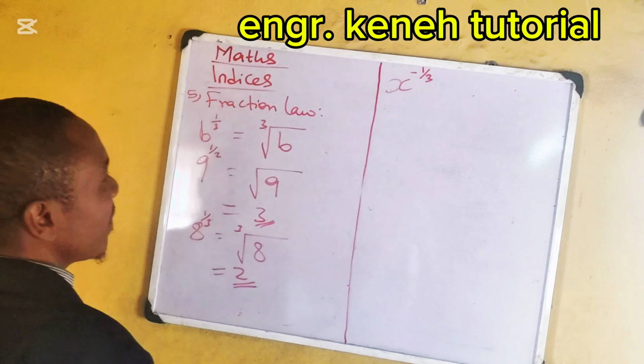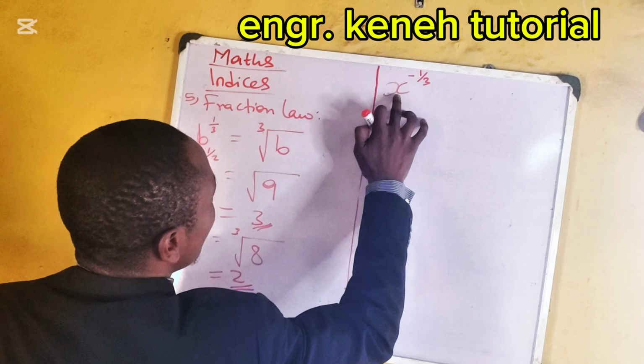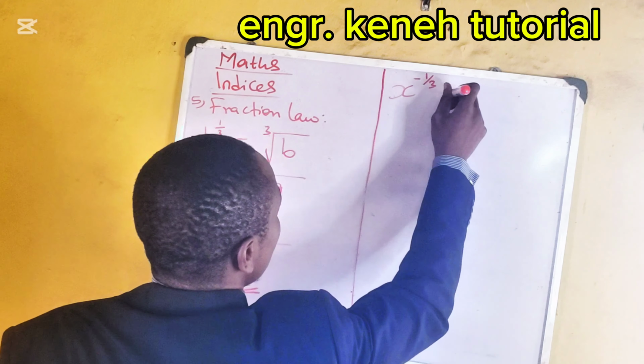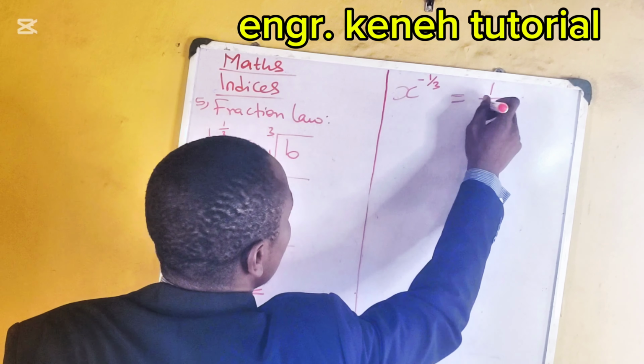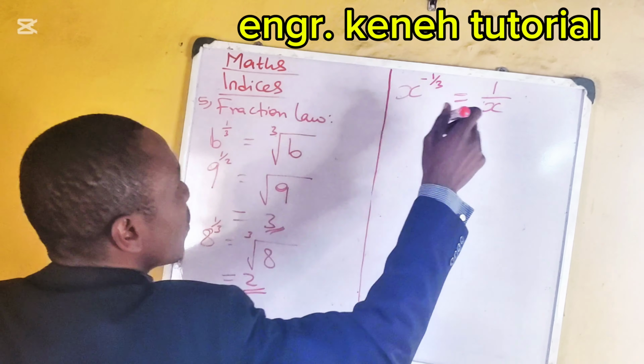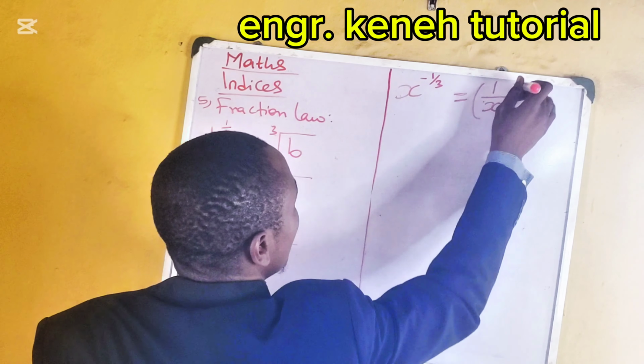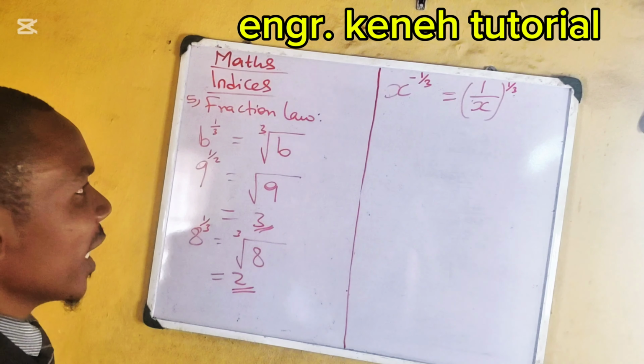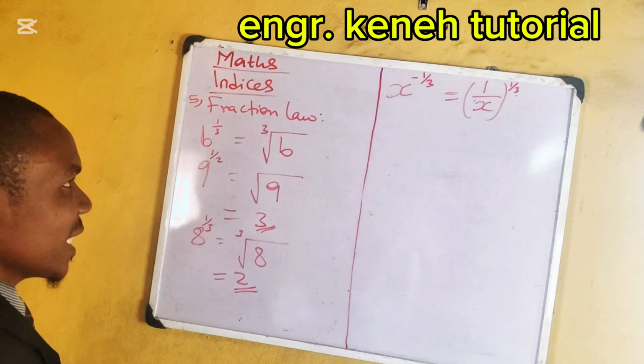What do we do? First of all, you take care of this minus by saying, like I said, minus means 1 over. You have 1 over like this. Can you see that? So this will now be raised to power this. Can you see that? Is it clear? All right, so that is it.